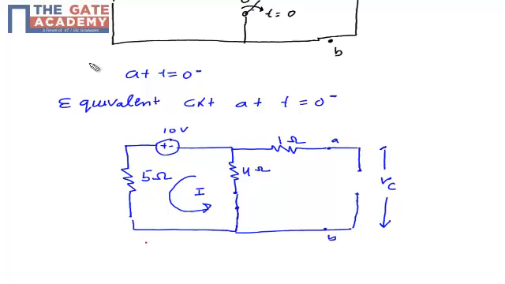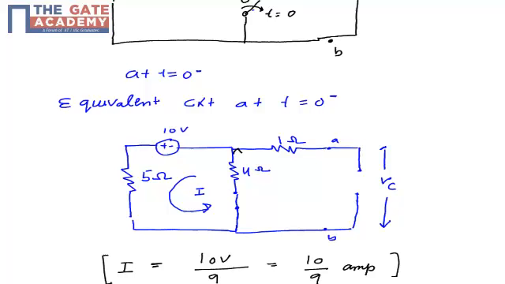So I will find the current I in this loop. The current I of this loop will be the effective voltage of this loop, which is 10 volt, divided by the effective resistance, 5 plus 4, which is 9. So the current is 10 by 9 ampere, flowing in this loop. The current flowing across the 4 ohm resistor is also I, because the 4 ohm is in the same loop.